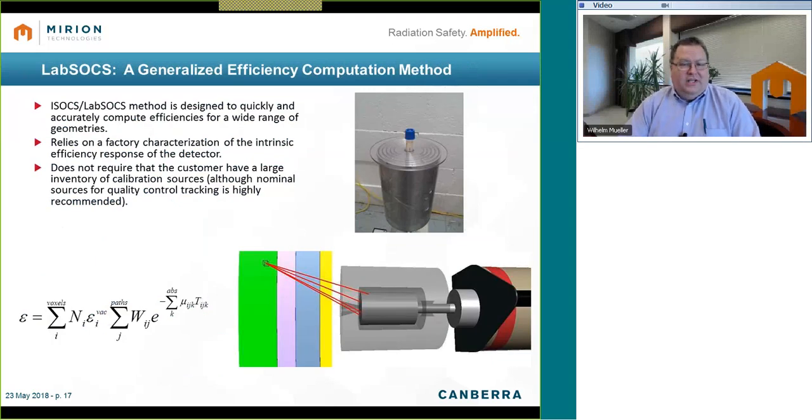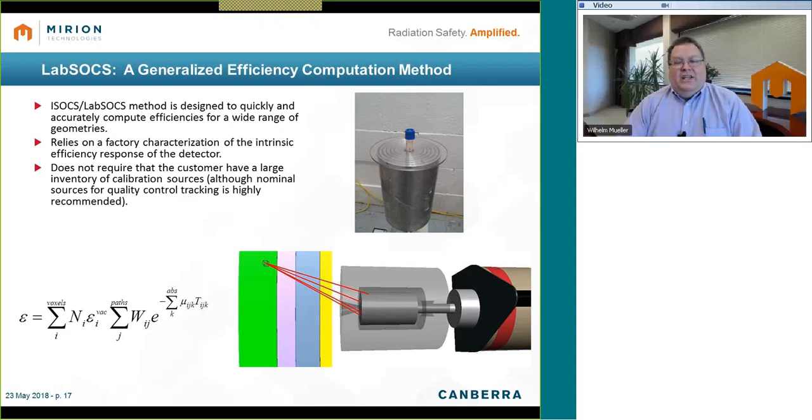Another feature that I'd like to highlight with respect to the Sagewell detectors is that it's compatible with our LabSOCS efficiency computation product. LabSOCS has been a very successful product over the years. It's been available for almost 20 years now, and with the advent of the Sagewell detector, we've advanced the LabSOCS product to be compatible with that.